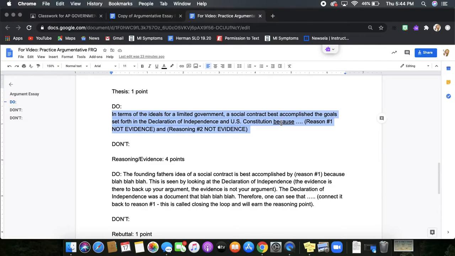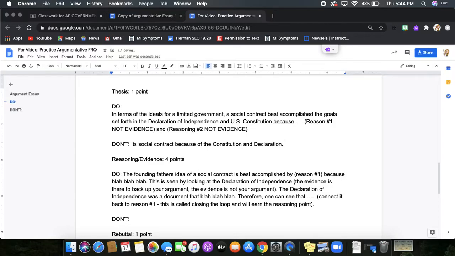I'm not saying because we see it in the Declaration and we see it in the Constitution. Do not put your evidence titles in your thesis. That doesn't tell me anything. That just tells me that you're going to use those documents later on in the essay. I want to know the big idea stuff. Okay? So don't tell me it's social contract because of the Constitution and Declaration.